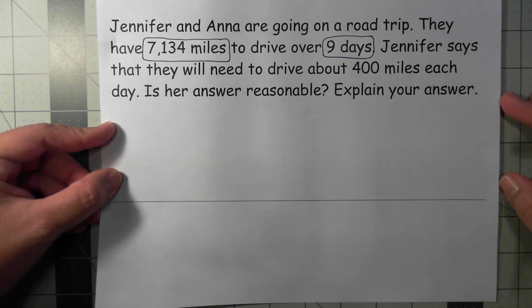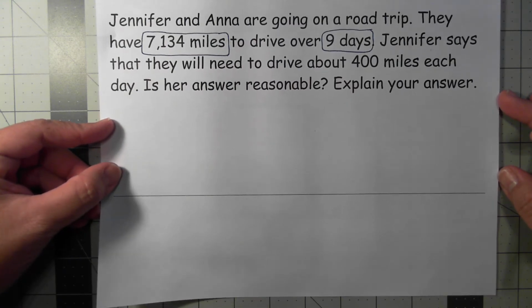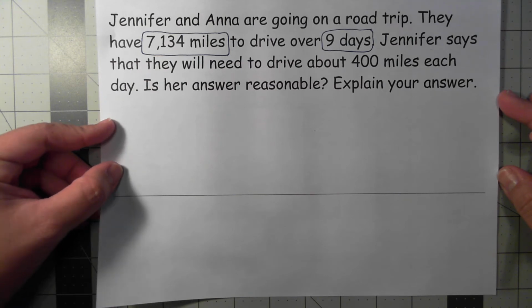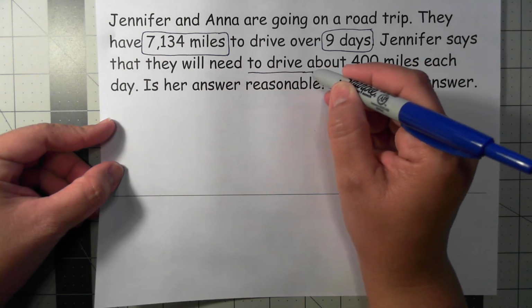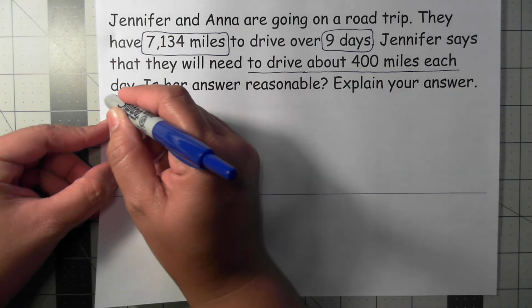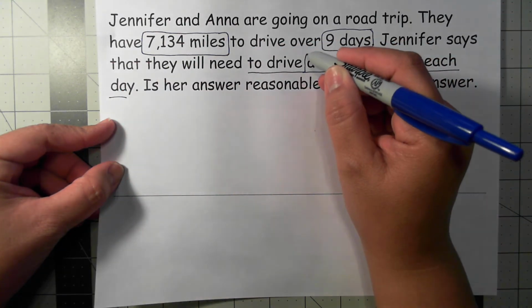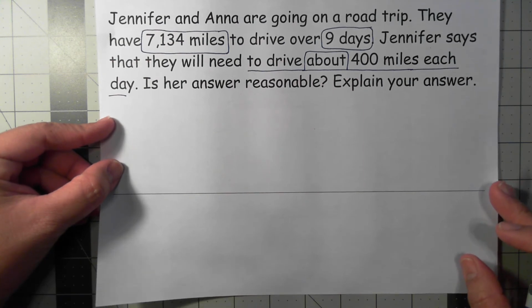Now, let's see what is it that they're asking me to do with this information. They give me a context and they say, Jennifer says that they will need to drive about 400 miles each day. Well, keyword here is going to be about. So what do you think we are being asked to do?